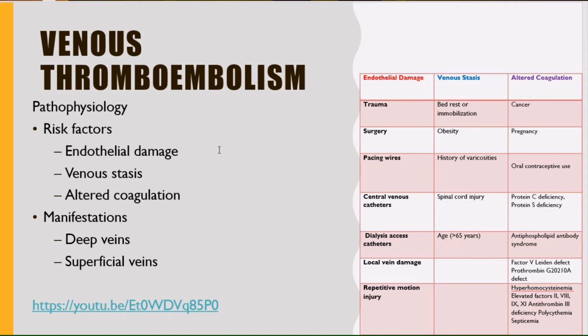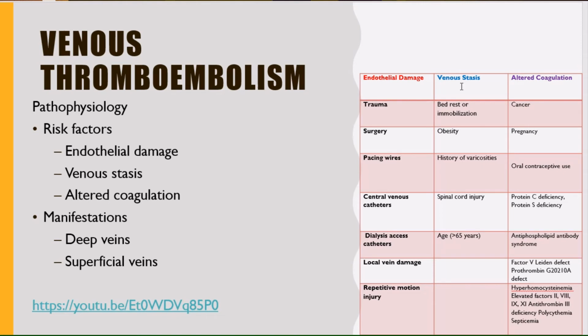First, endothelial damage. On the right side you see a table with examples of endothelial damage. Whenever the patient has any trauma or surgery, there is damage to the endothelium. With a central venous catheter, you will see patients getting DVT of the upper extremity mainly whenever they have central venous catheters in the upper extremity.